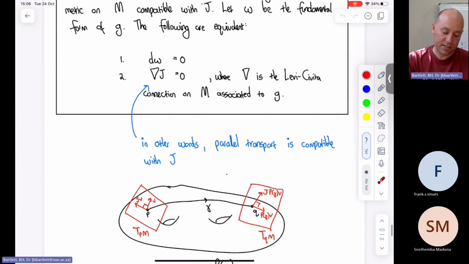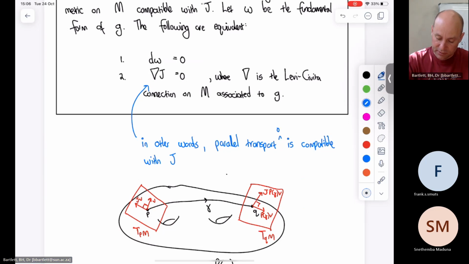And then what you want is that parallel transport preserves this J map. Okay. Parallel transport is compatible with the J map. Parallel transport of g is compatible with complex structure.